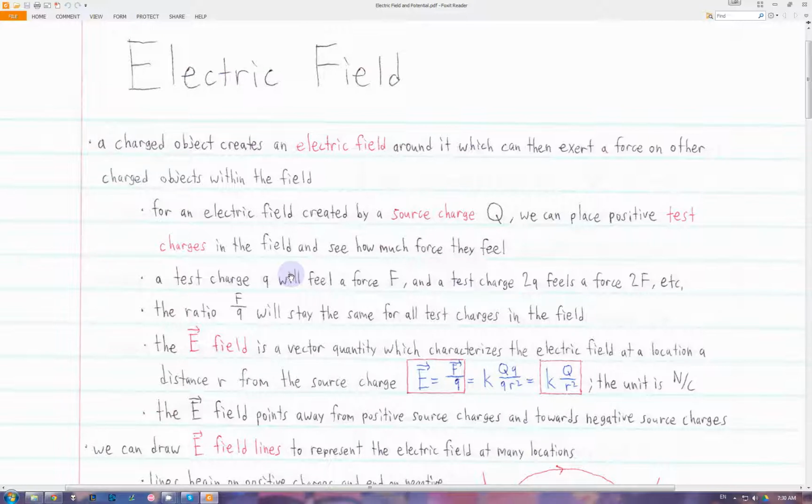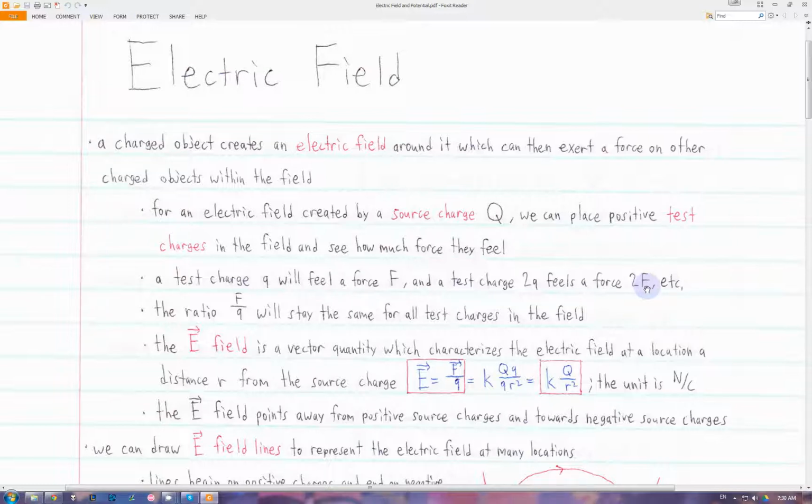So if we have a test charge with a charge of plus q, let's say it will feel a force of F. If we put another test charge that has a charge of 2q, it will feel double the force, 2F. And a test charge of 4q will feel quadruple the force, or 4F.